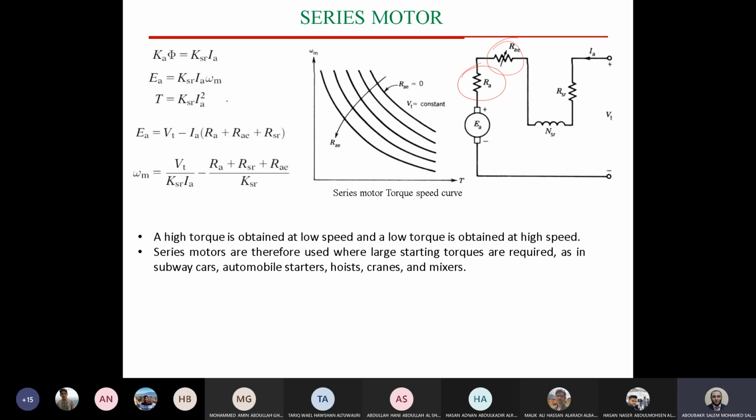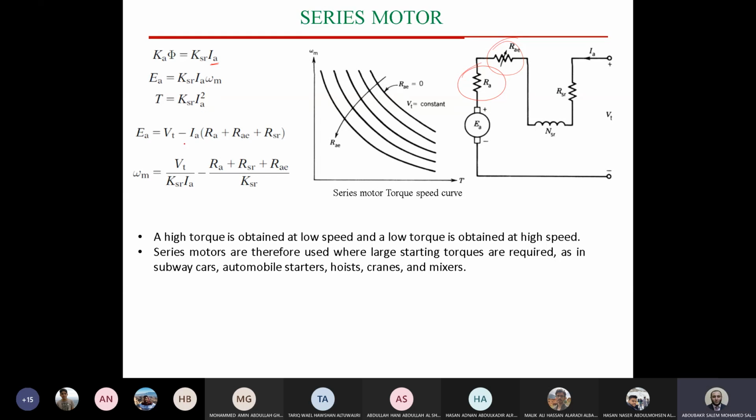For that, we can say K phi equals K series multiplied by Ia, where Ia and IF are the same. So the EMF equals K series multiplied by Ia multiplied by omega M, and torque equals K series multiplied by Ia squared.